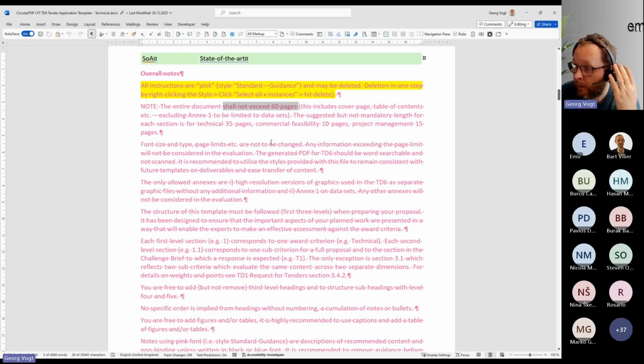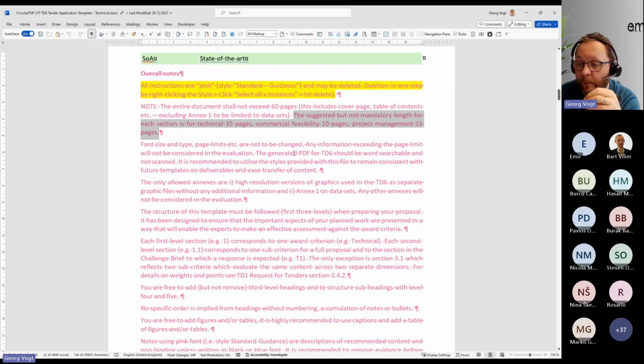This is a must. It cannot be more than 60 pages. If it is more than 60 pages, we will cut it off. You can only exclude some annexes, which are basically some graphics which you will put in small here, but will put in full resolution as an annex. Here, this is suggested.